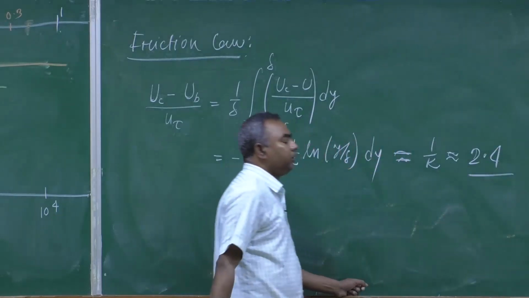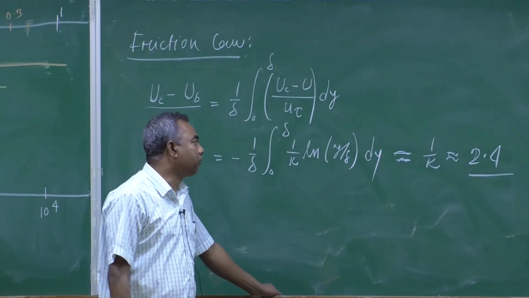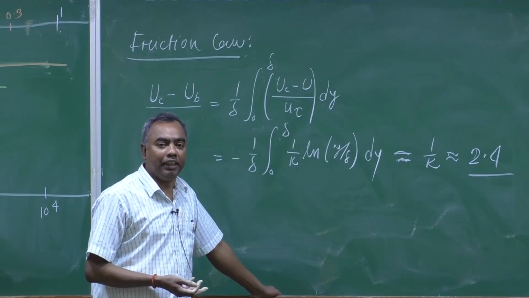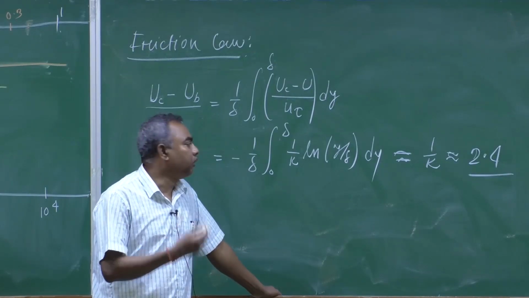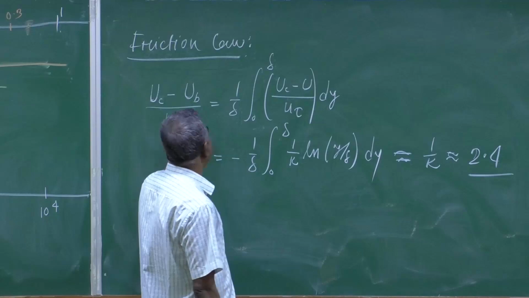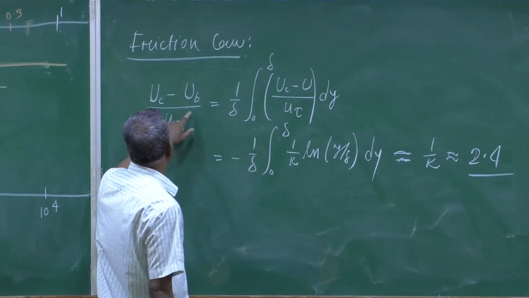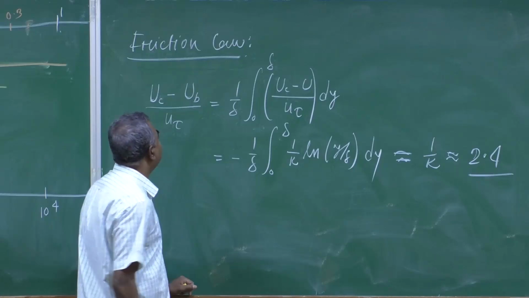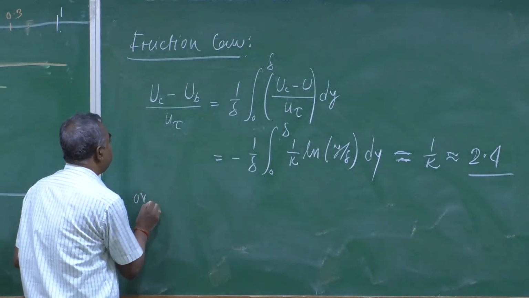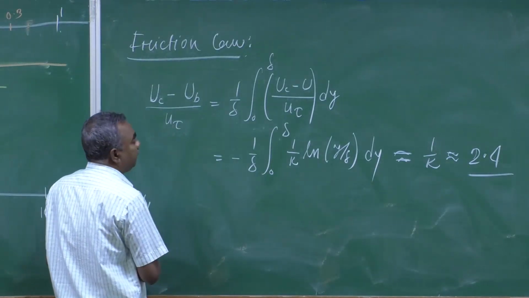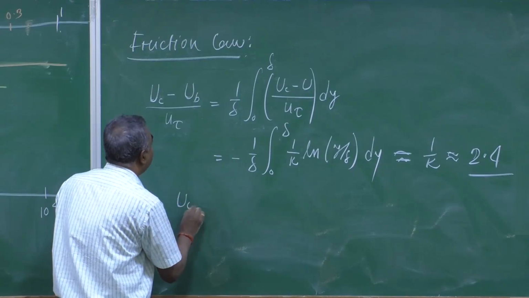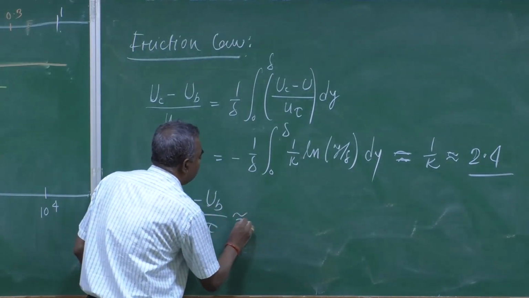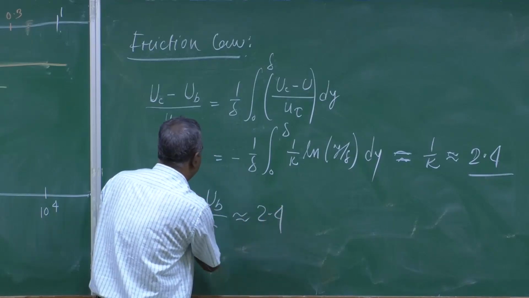This value is also very close to the numerical value, which is found to be 2.6, and experimental data varies from 2 to 3. So, this is your bulk velocity which is related with friction velocity and central line velocity. The relation between the bulk velocity, central line velocity and friction velocity is given by this particular relation, u c minus u b by u tau is equal to 2.4.